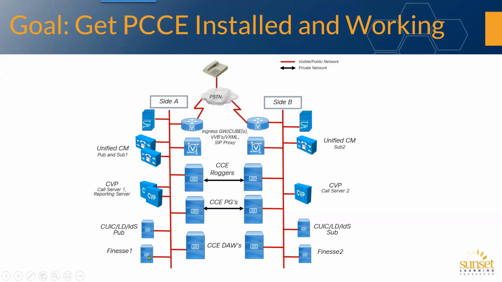It has 2 Finesse servers, Finesse 1 and Finesse 2 on side A and side B, respectively. CVP reporting server and CVP call servers. And of course, there is a call manager cluster, a publisher and 2 subscribers.